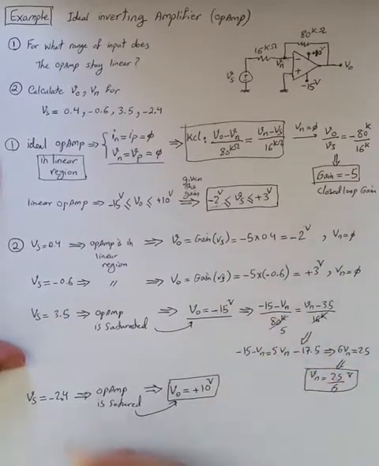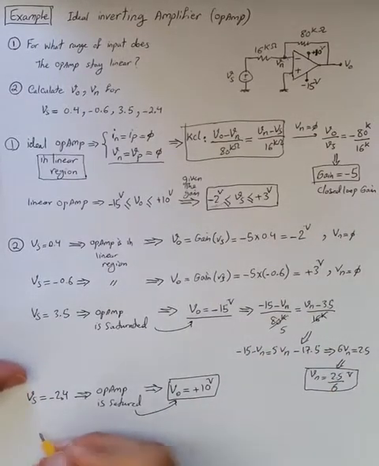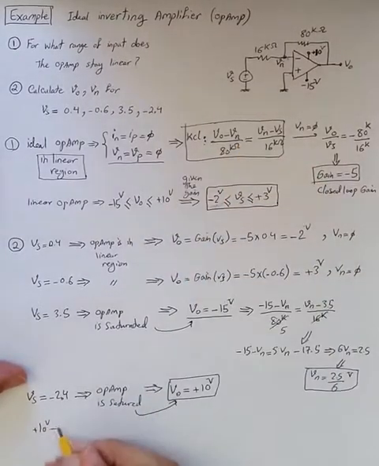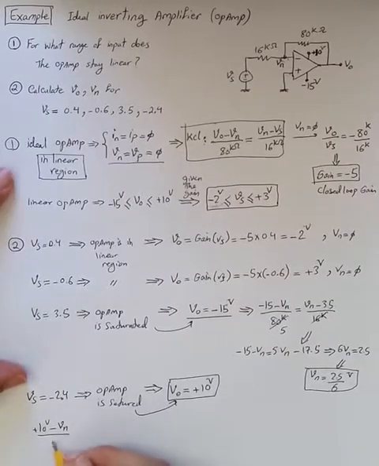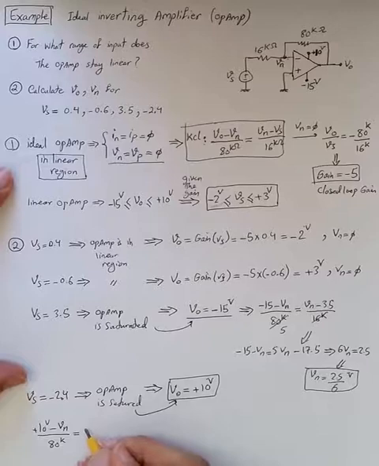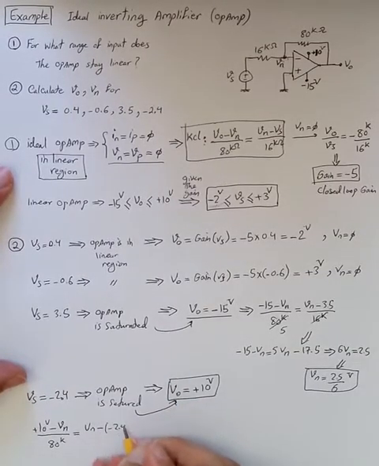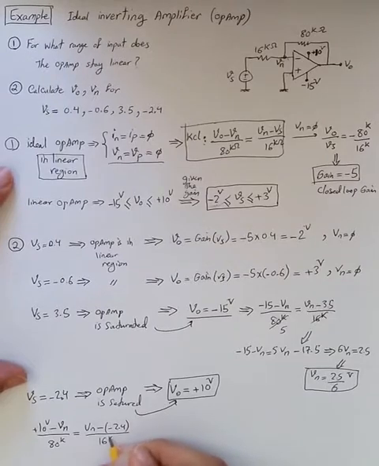And again we write the same thing as we did here, so using KCL, V out, which is plus 10 volt, minus Vn, which we have to find, divided by 80k equals Vn minus Vs, which is minus 2.4 volt, over 16k. So same thing as before.